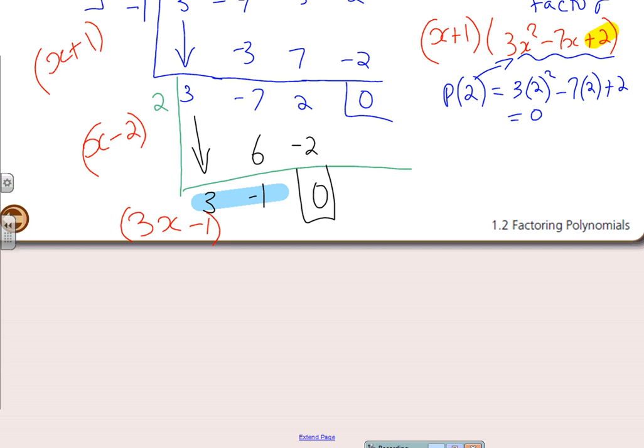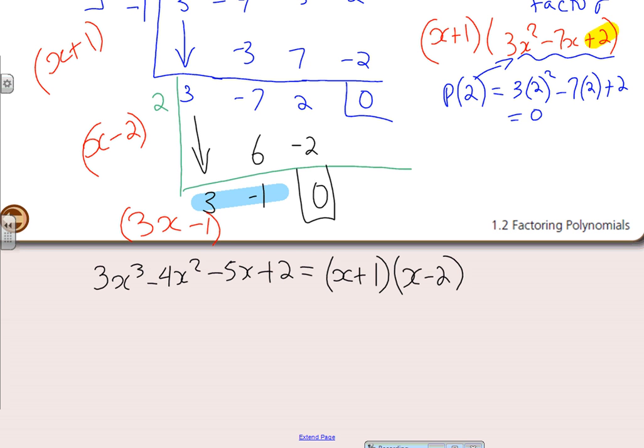This means that the original polynomial, 3x cubed minus 4x squared minus 5x plus 2, is going to be equal to the three factors that we just came up with in factored form: x plus 1, x minus 2, 3x minus 1. Whoa, yeah! You just factored a cubic polynomial for your first time.